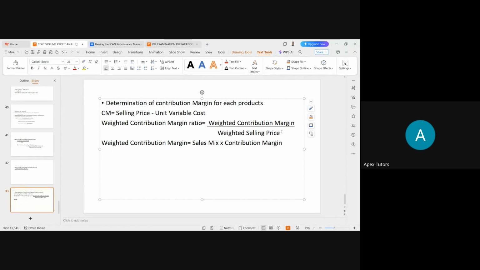Now, your weighted selling price. How do you determine that?